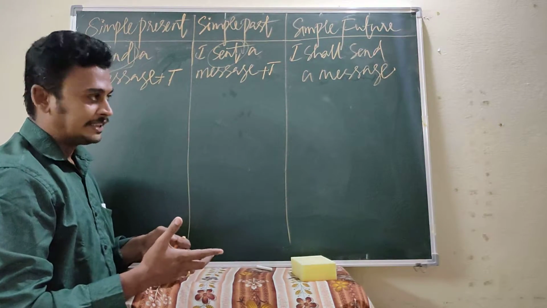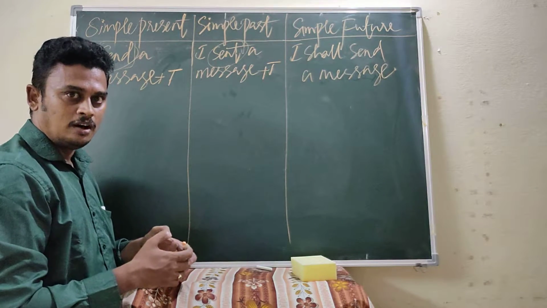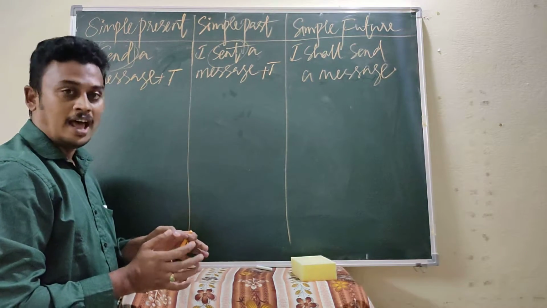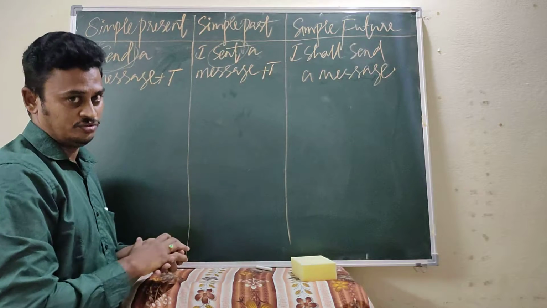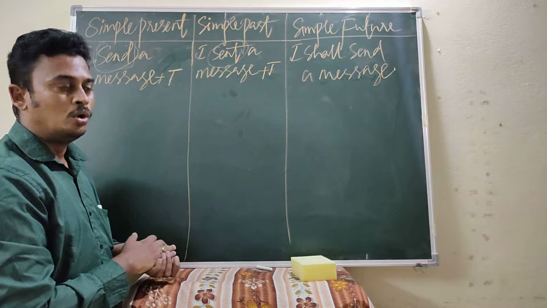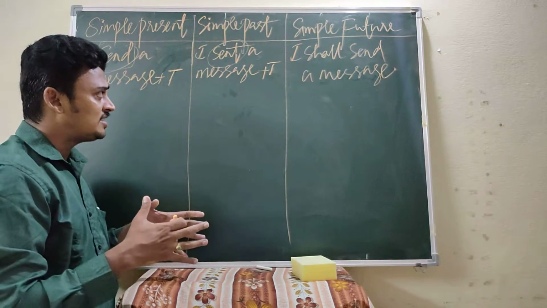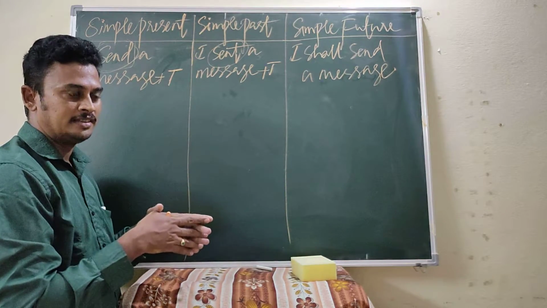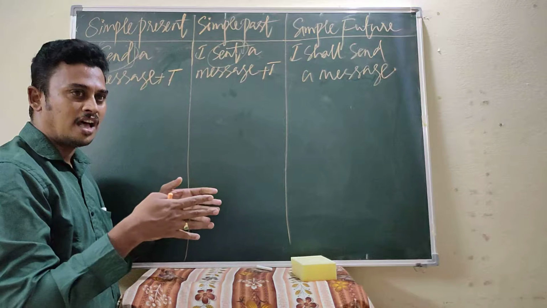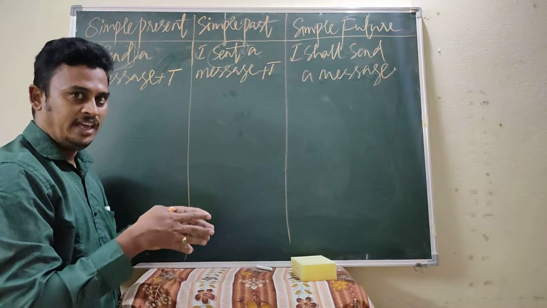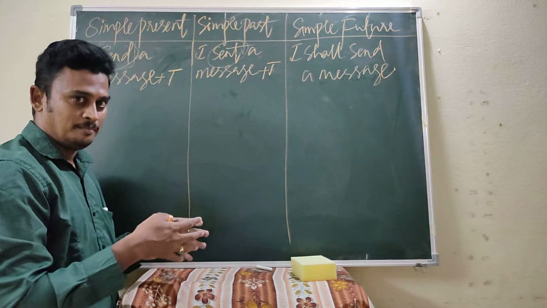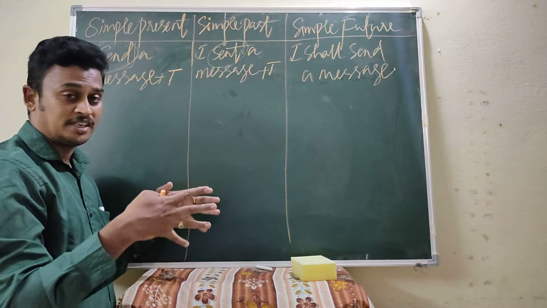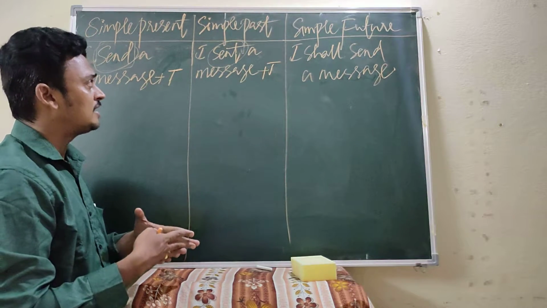Such kinds of time indicators I already told in the last videos; you can go to them once again. I sent a message to my parents yesterday, the day before yesterday, the previous day, last month, last year, last week. Once upon a time is a past time indicator.